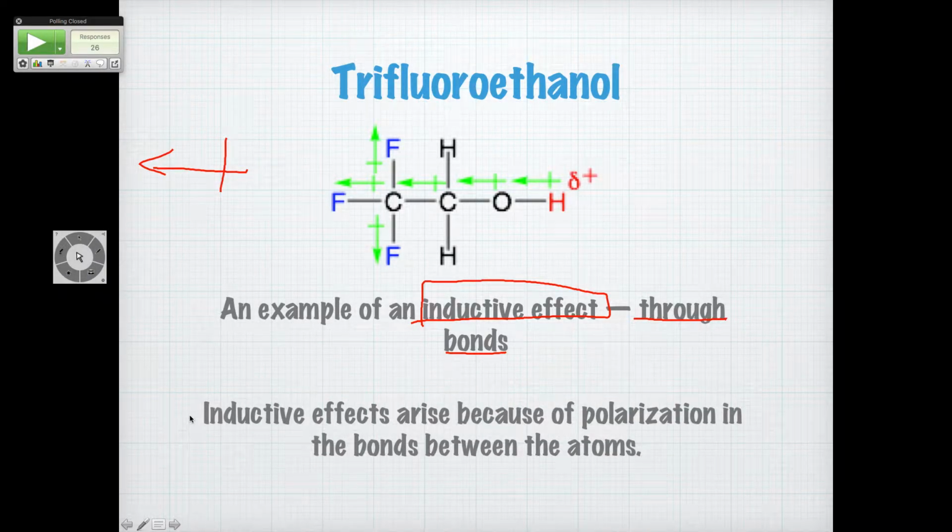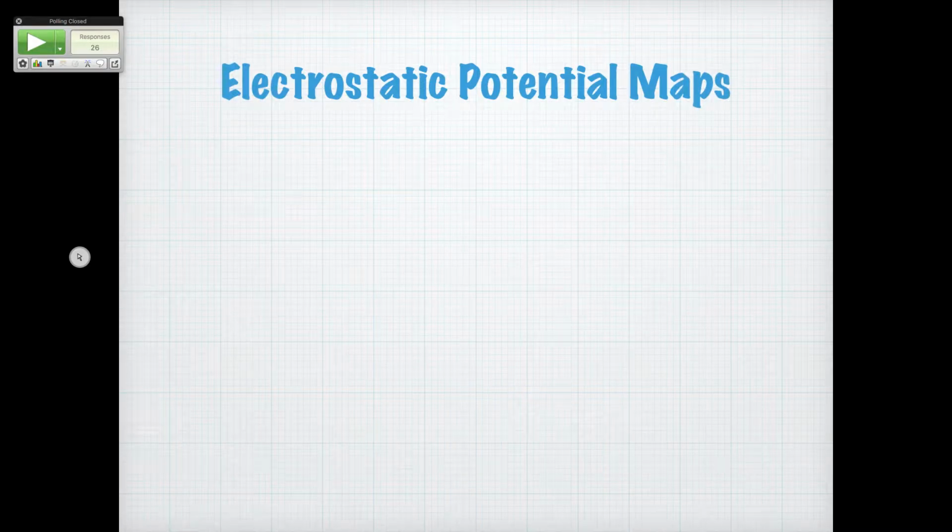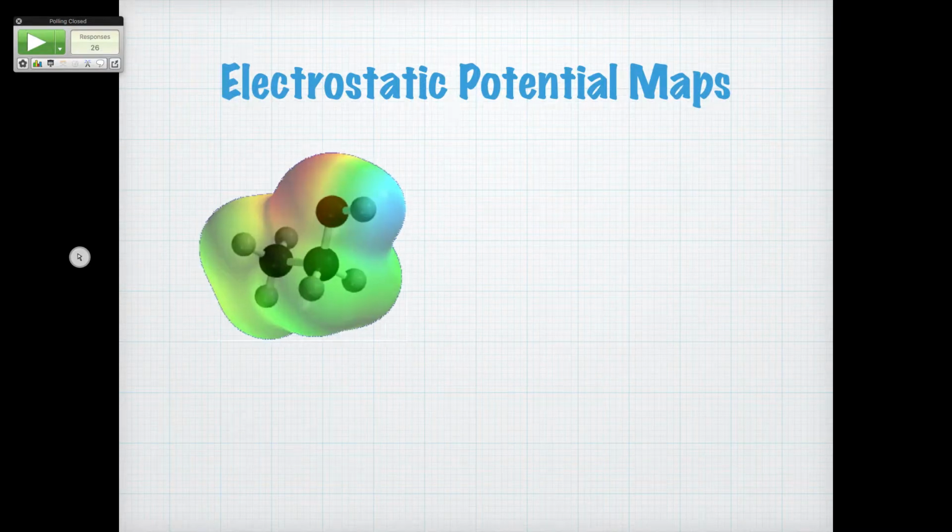Inductive effects arise because of polarization in the bonds between the atoms. We put fluorine on there and it's uber electronegative, so it's pulling the electron density towards it. All right, here are pictures. Here's plain old ethanol. Do you remember what the red was and what the blue was in these pictures?